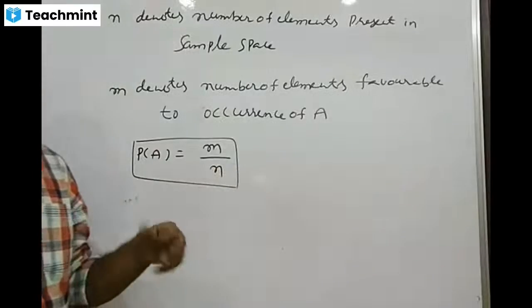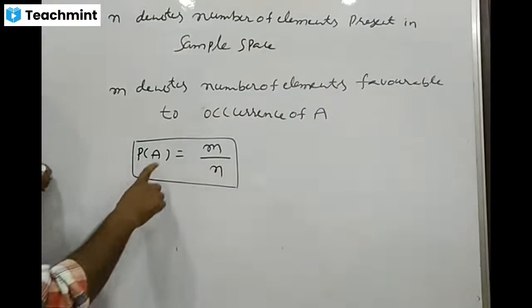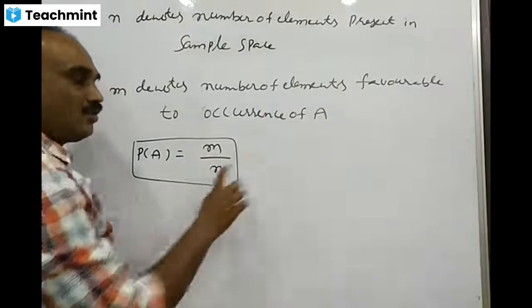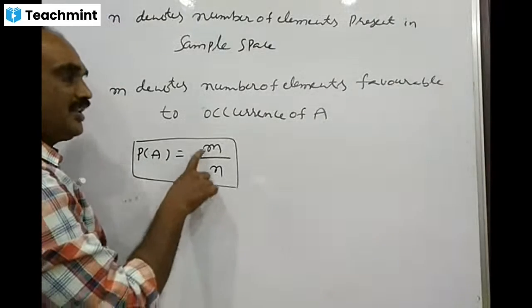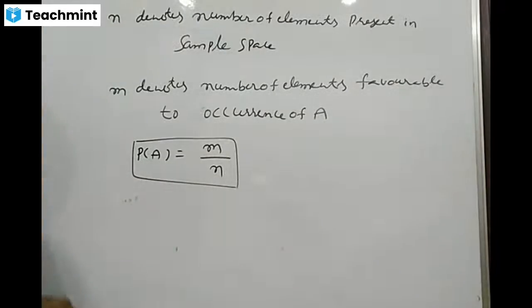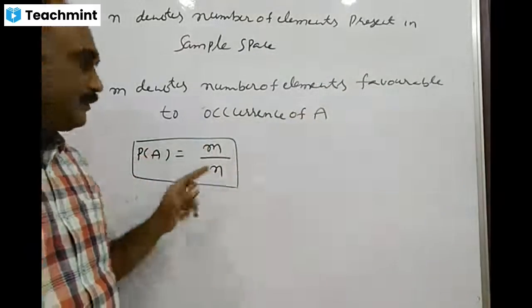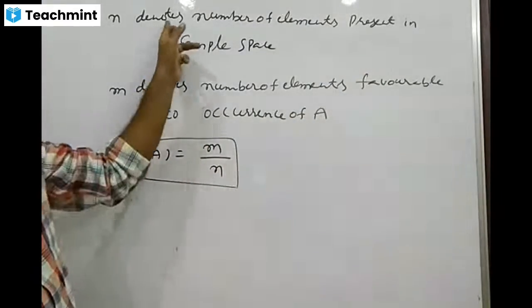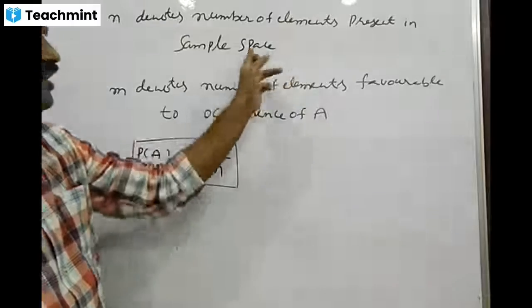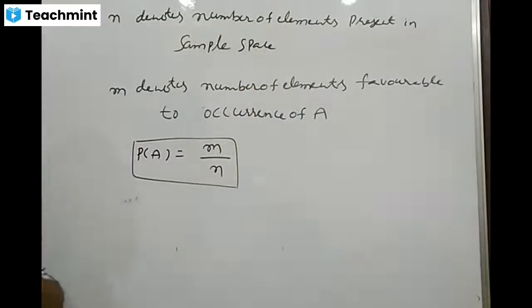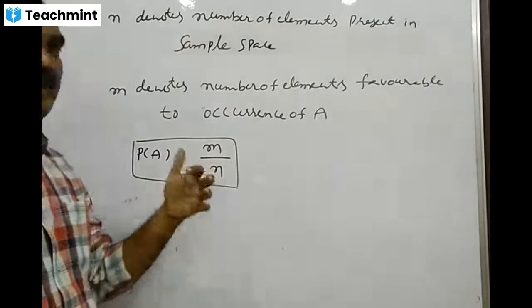That is the probability formula. Here M denotes the number of elements favorable to the occurrence of A, and N denotes the number of elements present in the sample space. Probability P of A is equal to M by N.